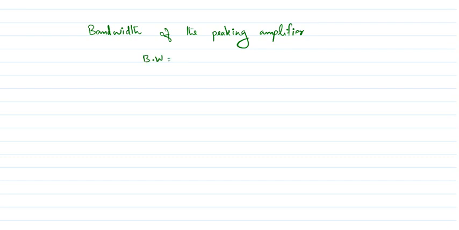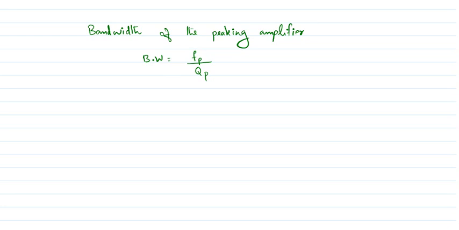The bandwidth of the peaking amplifier can be determined using the equation: bandwidth equals the peaking frequency Fp divided by the figure of merit of the parallel resonance circuit, Qp. That is how we get the bandwidth.